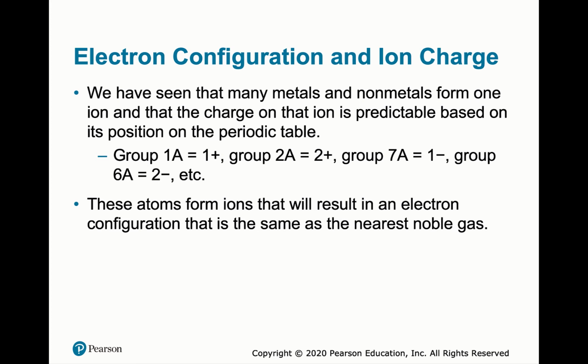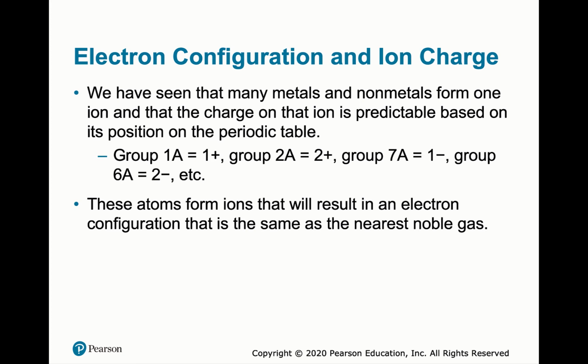Now, electron configuration and ionic charge. The alkalis, group 1A, tend to form +1 ions. Alkaline earths tend to form +2 ions. The halogens tend to form -1 ions, and the oxygen family, the oxygen group, tends to form -2 ions.